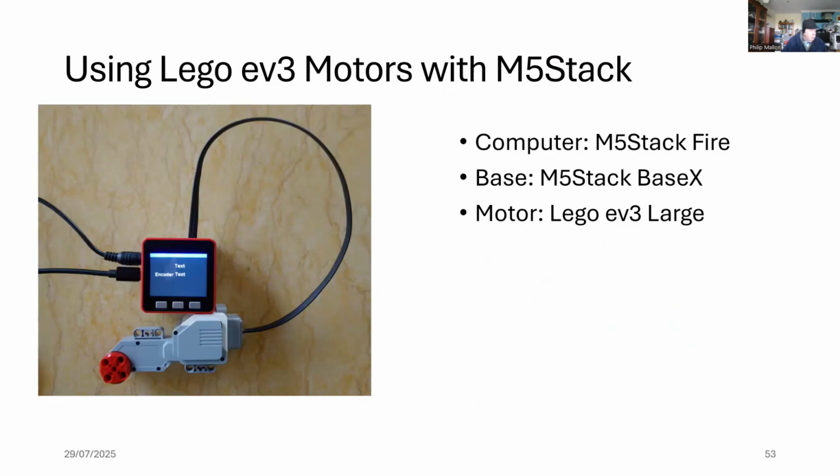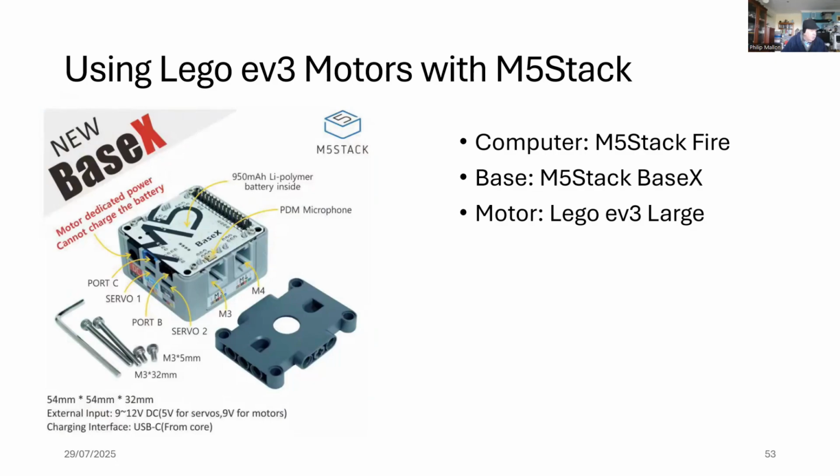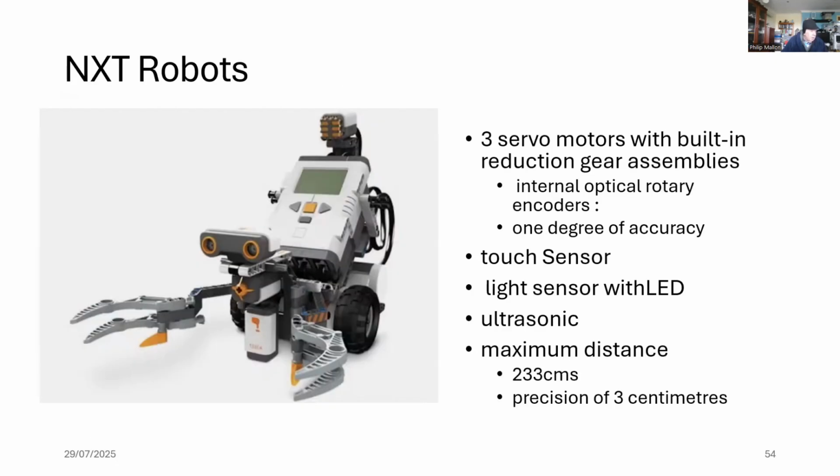And here I'm using both the EV3 motors and the NXT motors with the base X motor drive from M5 stack. And this is what the base X looks like. And you can use it with NXT motors and robots.